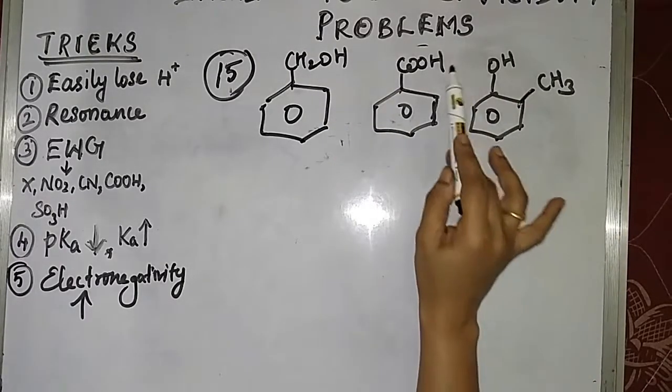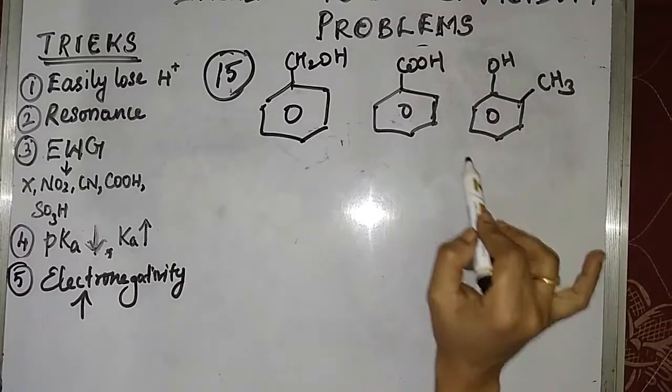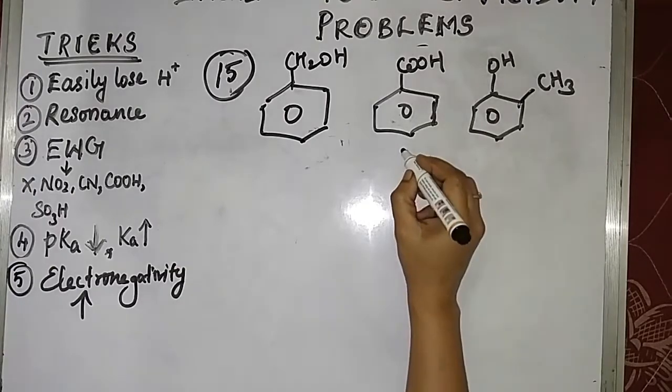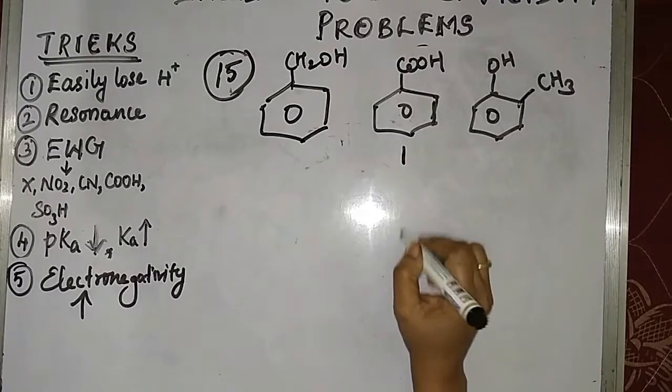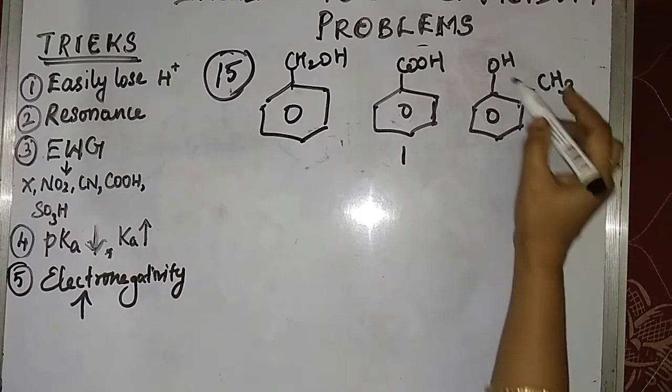If you compare acid and alcohol with the CH3 group, which one will come first? Acid only. Acid will take the first position, and then this one.